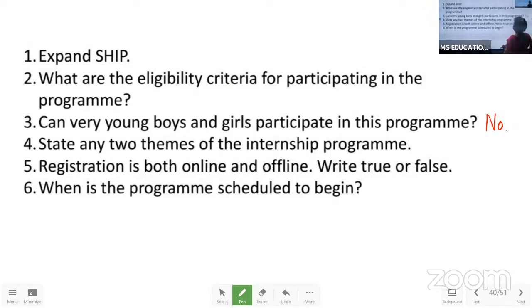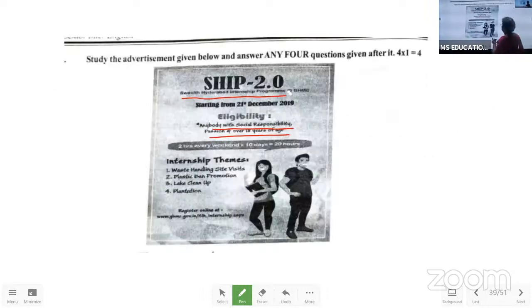State any 2 themes of the internship program. There are 4: waste handling site visits, plastic ban promotion, lake cleanup, plantation. You needn't write all 4, but you can write any 2.